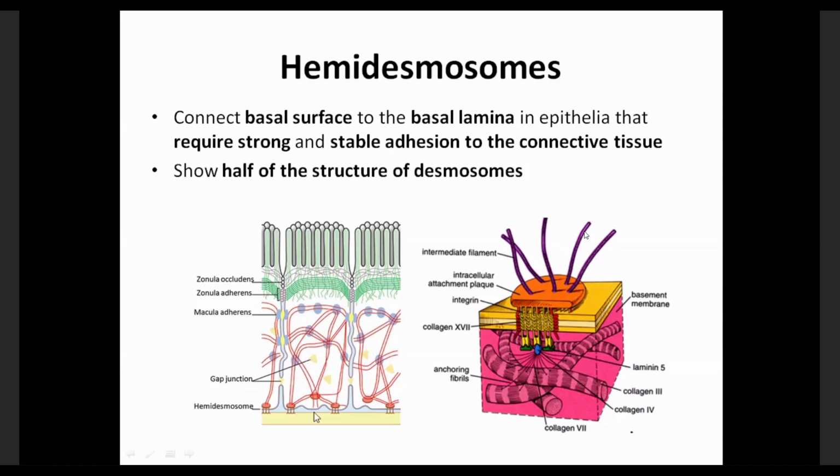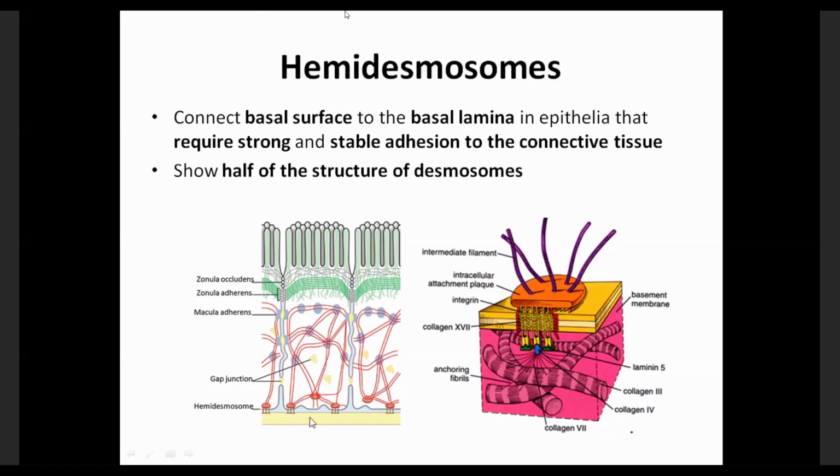But because at this junction we have only one epithelial cell, the connective tissue has another type of structure. So in this region, we have half a structure which looks like a desmosome. When we consider it half a desmosome, you have to think that these are linking the intermediate filaments. So there is a strong attachment of the basal surface to the underlying connective tissue.